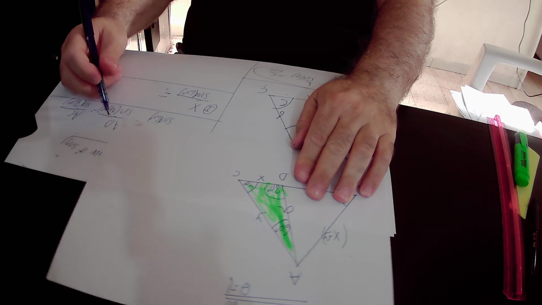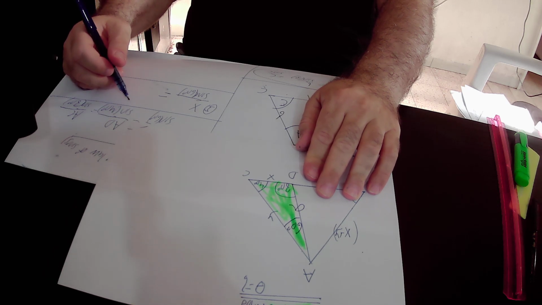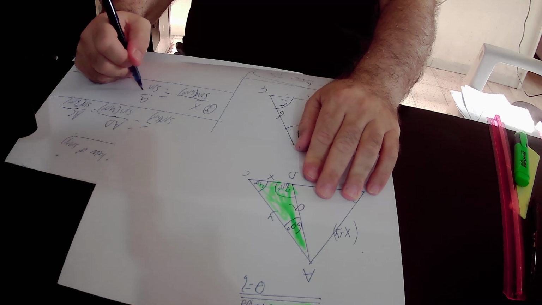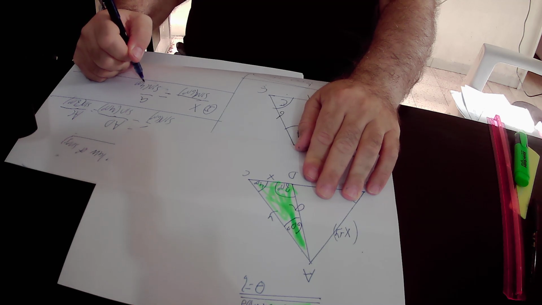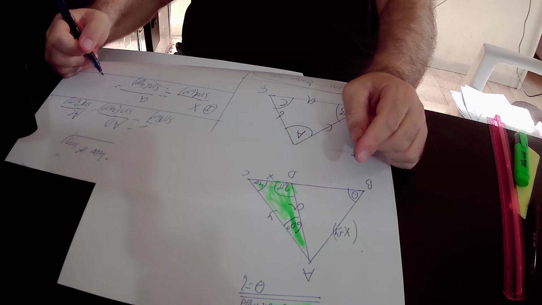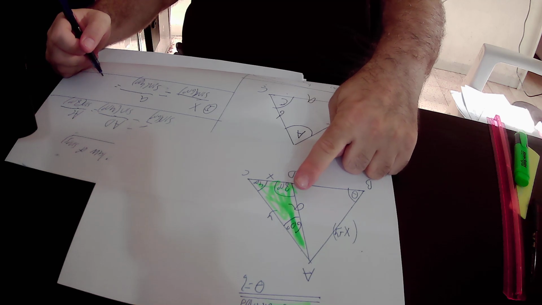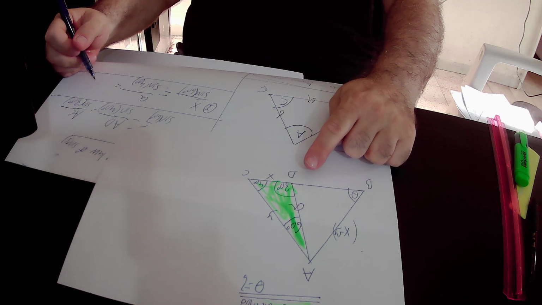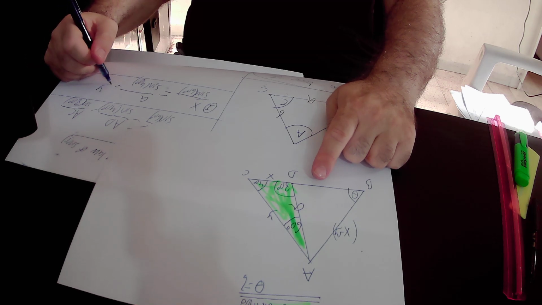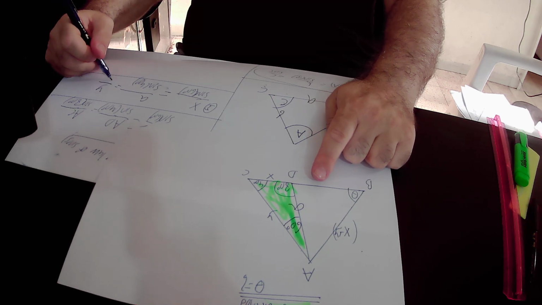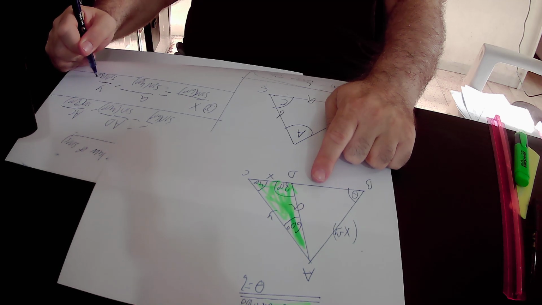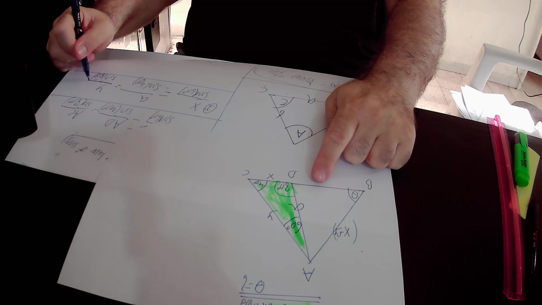AD equals a, so we substitute AD by a, so it is a over sine 40 degrees, and it is equal to AC. AC is y, so we substitute AC by y, so it is y over sine 80 degrees.